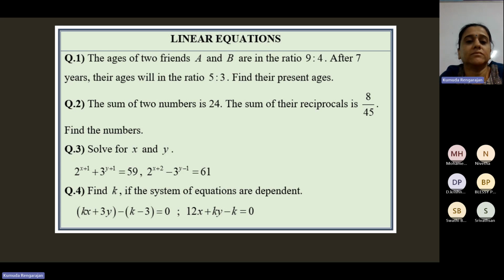Yeah. What are the ages of A and B? Swati, Blessy, Srivatsan, Krishna Priyan, Asif, Niveda.